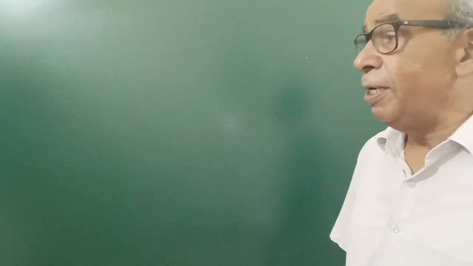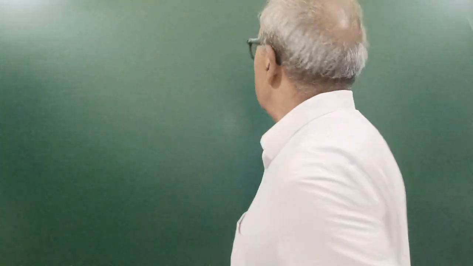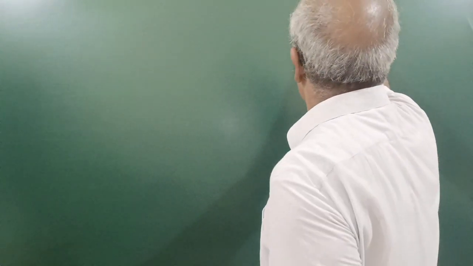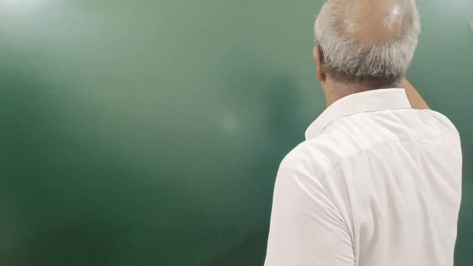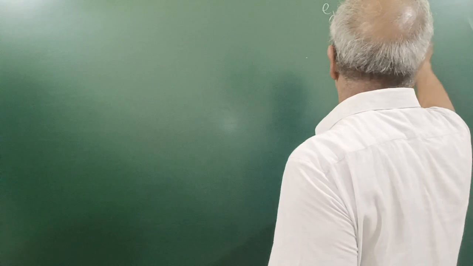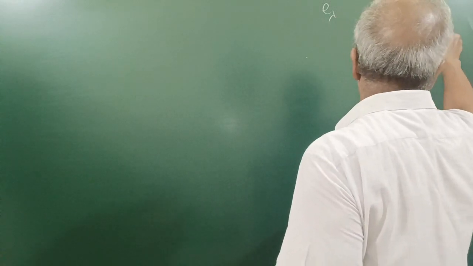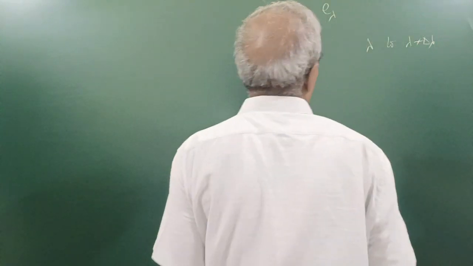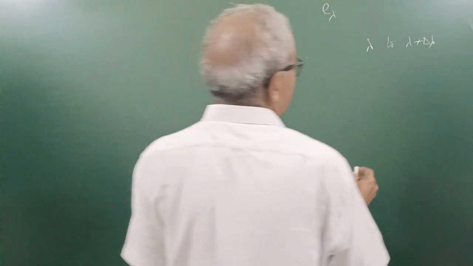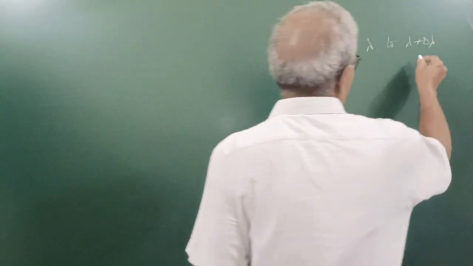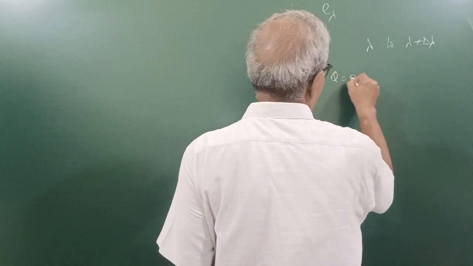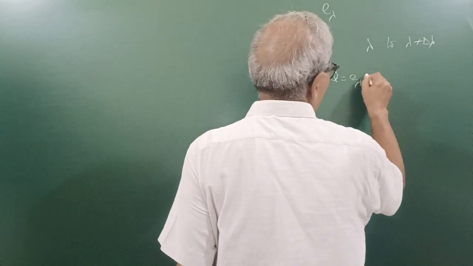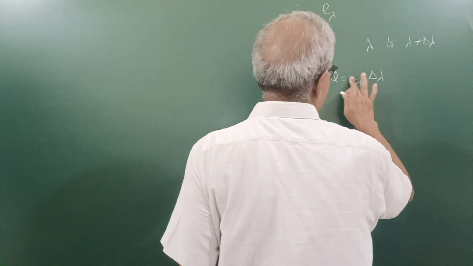Similarly, I told you that if E lambda is the emissive power at wavelength lambda, in the range lambda to lambda plus delta lambda, then the amount of energy radiated by the body in this range, that Q, will be E lambda into delta lambda.